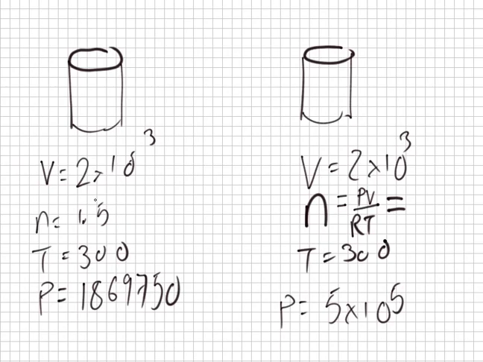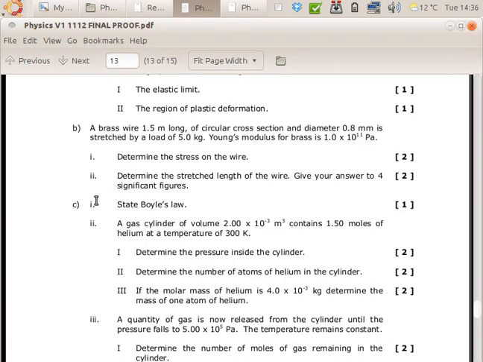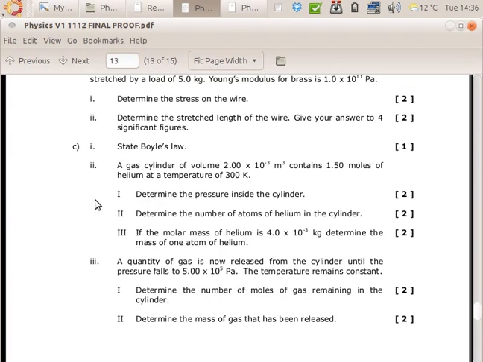Maybe, let me just check that I typed the question right. Did I say the volume was 2 times 10 to the minus 3? Yeah, you said 2 times 10 to the 3, you missed the minus.